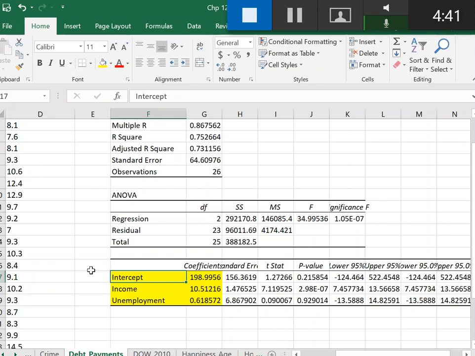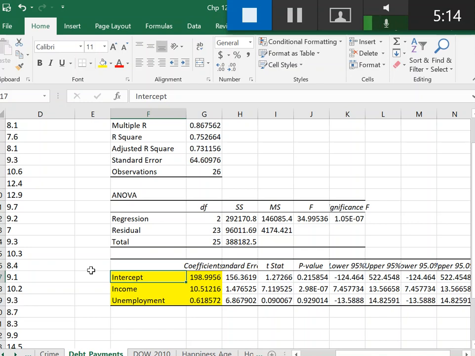Now in this case, it doesn't make sense to say if income and unemployment were 0, then debt payments would be 198, because, first of all, unemployment is never zero, and that's not realistic. That's what we were saying earlier in the first video, that it doesn't always make sense to interpret the intercept as being if all the independent variables were zero. Sometimes it does, sometimes it doesn't. But we can say if we were graphing this, this is where that trend line would cross the y-axis.